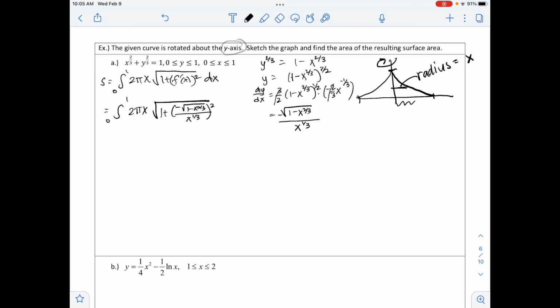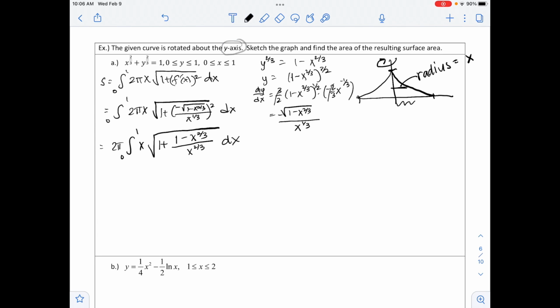So in doing this, we are also integrating with respect to x, so make sure you put your dx. From here, you can pull the 2 pi out in front of your integral. So we have x, so we can simplify our radical. So we have 1 plus, squaring this, the negative will turn positive, and then the numerator is just going to be the 1 minus x to the 2/3, all over, and then the denominator is x to the 1/3, so squaring that's going to be x to the 2/3, dx.